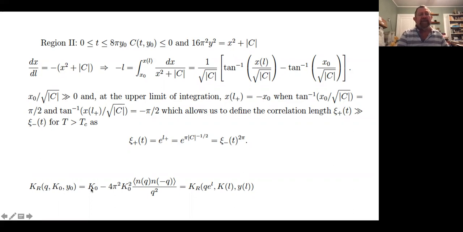So this can be written as a coupling constant minus 4 pi squared times x squared of the coupling constant times the expectation value of the vortex density, or the Fourier transform of the vortex density, n of q times n of minus q divided by q squared. And remember, this is the same thing as the renormalized stiffness constant as a function of the scaled q, which is just q e to the L, K of L, and y of L.